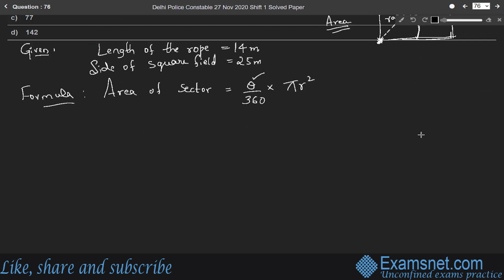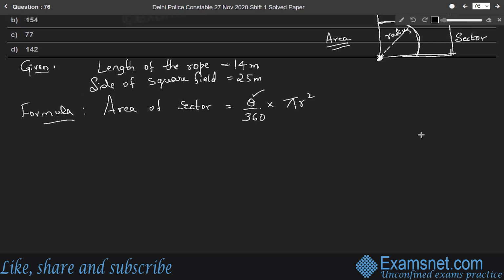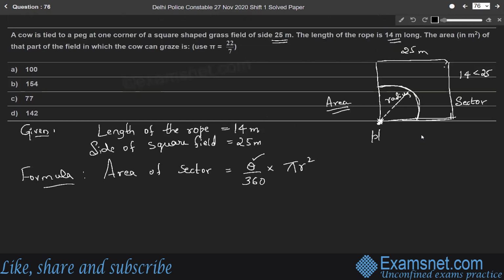where theta is the angle formed at the corner of the square field, the place where the cow is tied. The cow is tied to a peg at one corner of the square field, so the angle formed at the corner is 90 degrees.